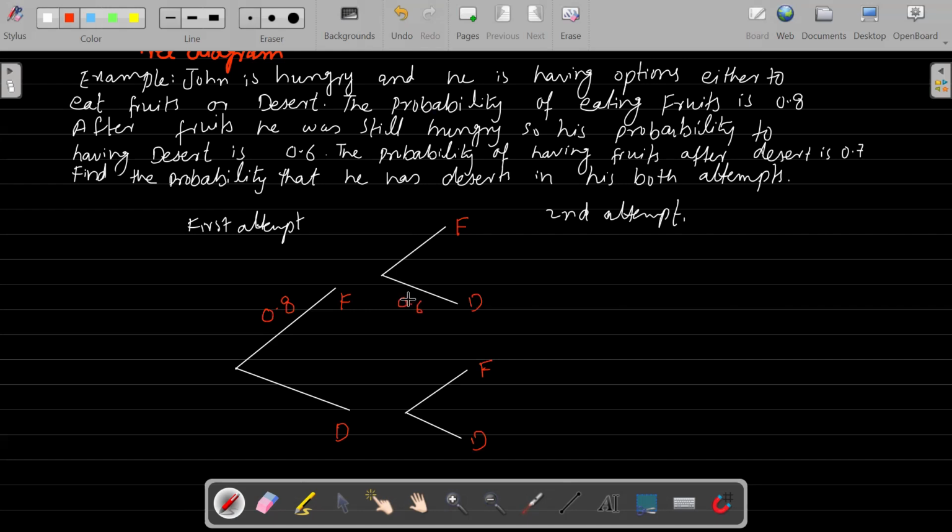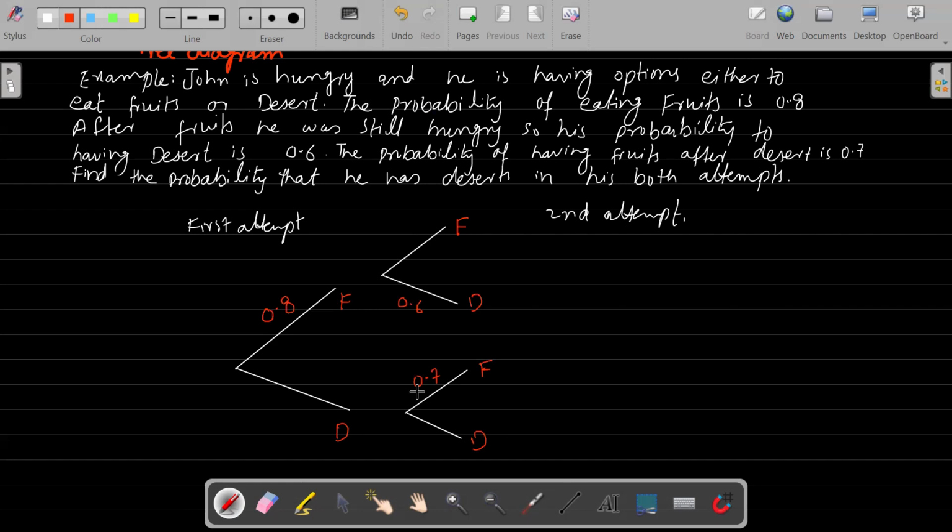Now the probability of having fruits after dessert is 0.7. Now, find the probability that he has desserts in both his attempts.